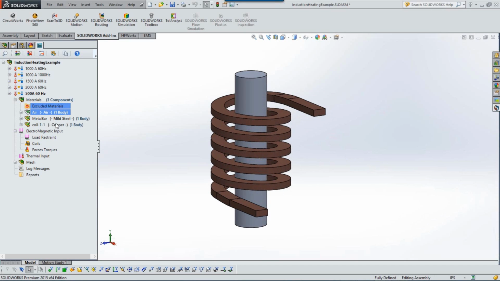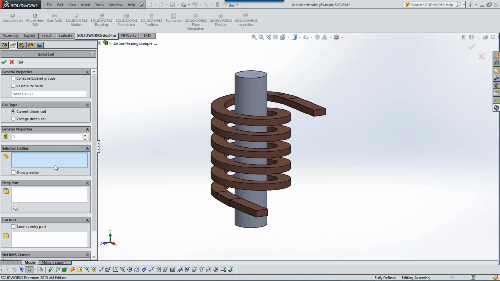Now, once you've defined the materials, the next step is to define what is called the excitation. Okay. Now, as the study name indicates, we're going to have a study which has 500 amps, 60 hertz. So let's go ahead and define what is called a coil. I'm going to define a solid coil.